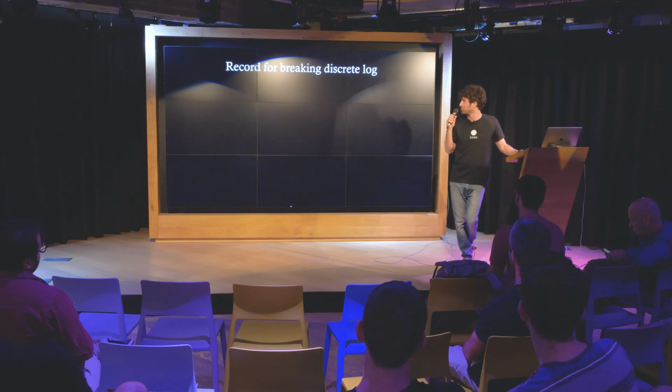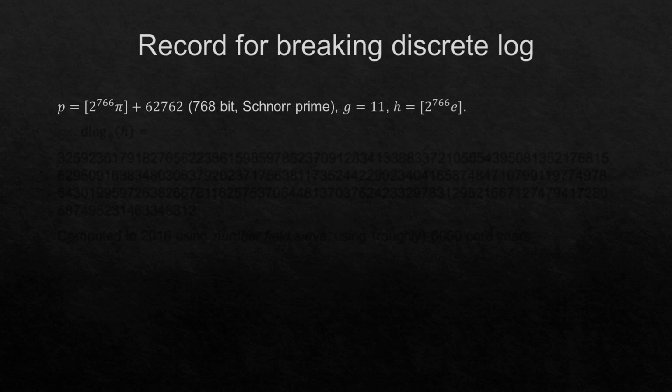And a final remark, the following is the record for breaking discrete log. The largest number to be discrete logged, I guess. So the prime is this prime. I mean, you take the whole part of 2 to the power 766 times pi plus stuff. G is equal to 11, H is equal to something.